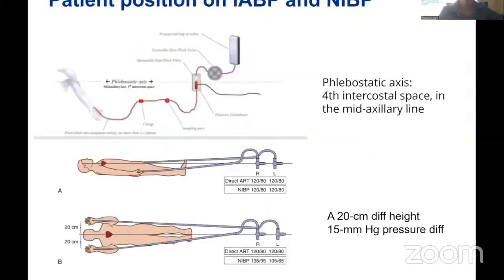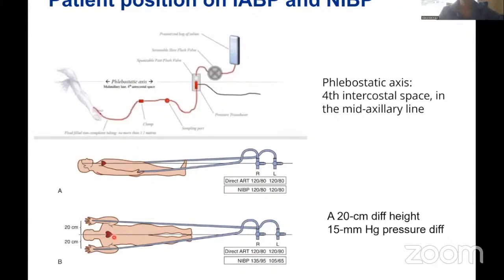Whenever we are dealing with IBP, we should know about the phlebostatic axis, that is where the transducer should be placed. That is at the junction of the mid-axillary line and the fourth intercostal space. In the supine patient, pressure measured from the right and left arm by either technique will be the same, whether you use non-invasive or invasive blood pressure.